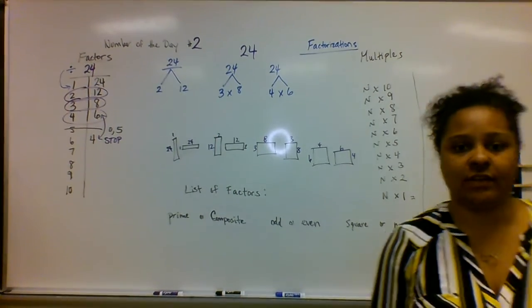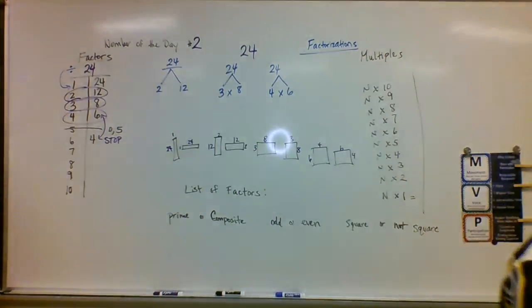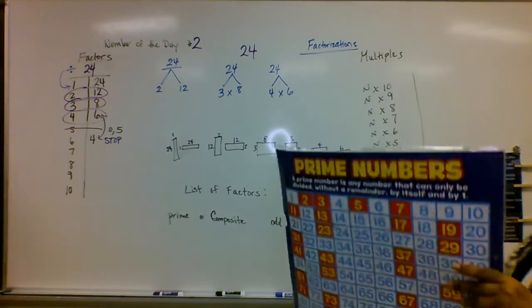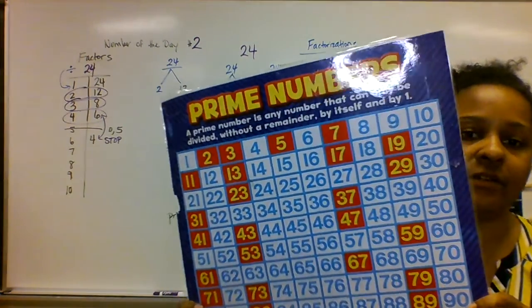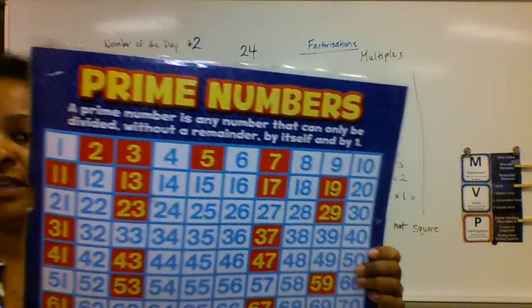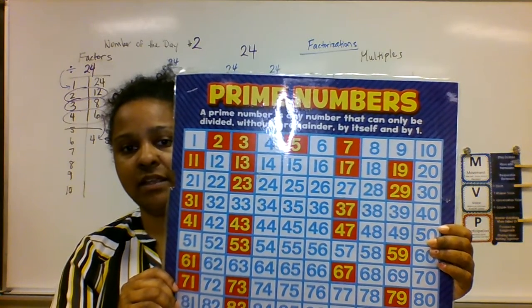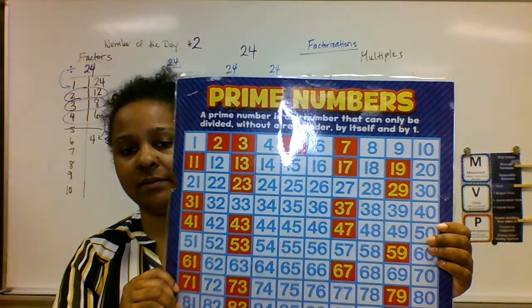All right, let's go ahead and try our factor trees. So if you notice about our poster here for prime numbers, 1 is not prime. Okay, it is not red. So 1 is not a prime number.